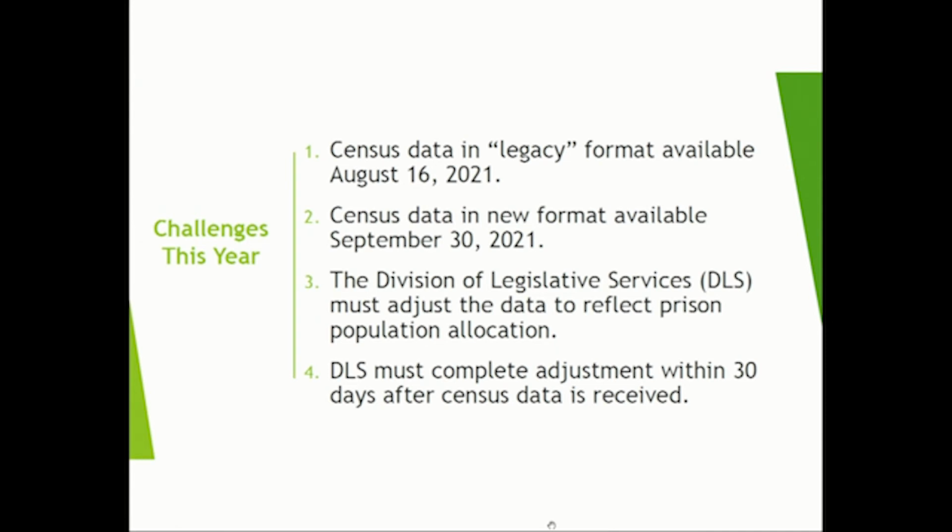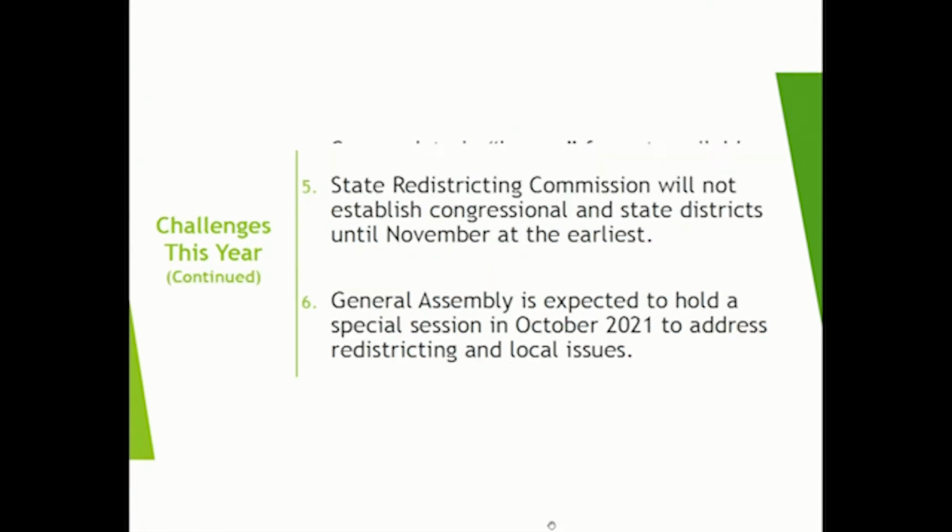That has to be done within 30 days, but that's not going to be a big change in the numbers for Chesterfield. So we're pretty confident that we can get started in looking at how to redistrict the county without having to wait a full 30 days to get moving.